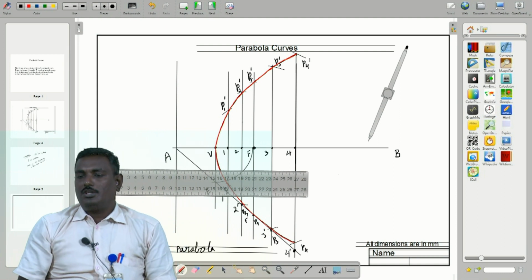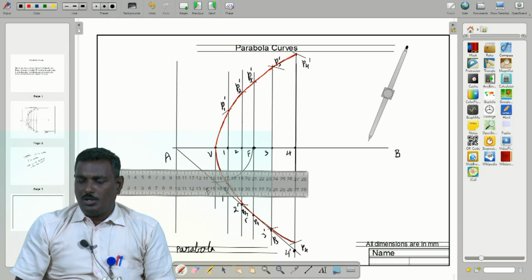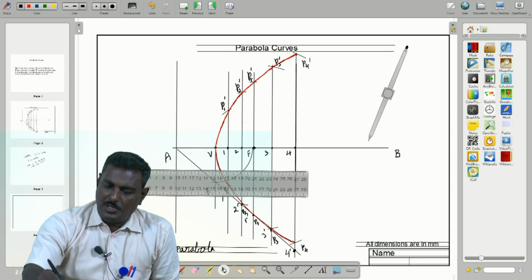So you have to print it. This is the logic to construct a parabola.